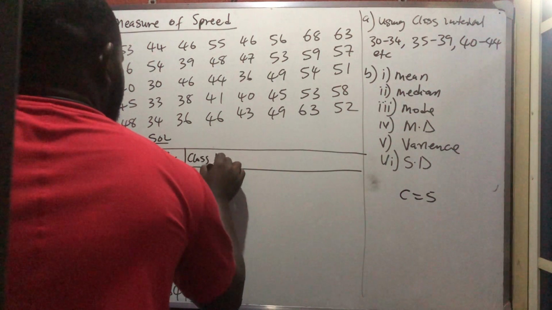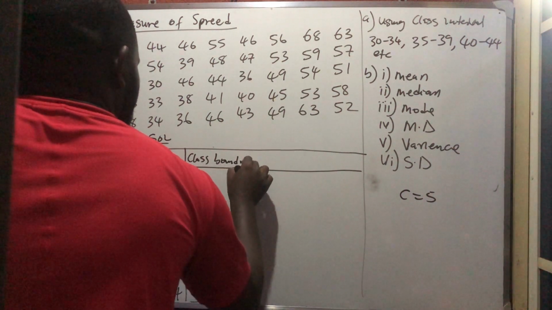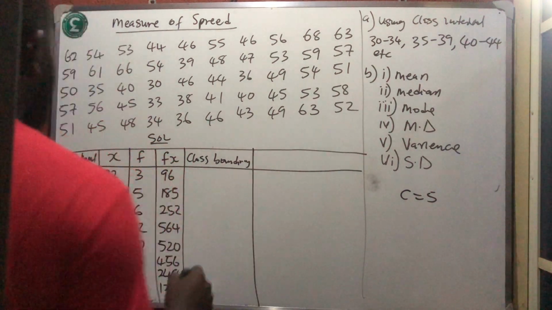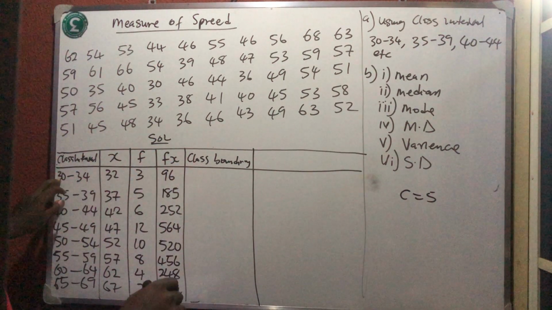Class boundary. The class boundary, I told you, from the interval, remove 0.5 from the lower limit and add it to the upper limit.